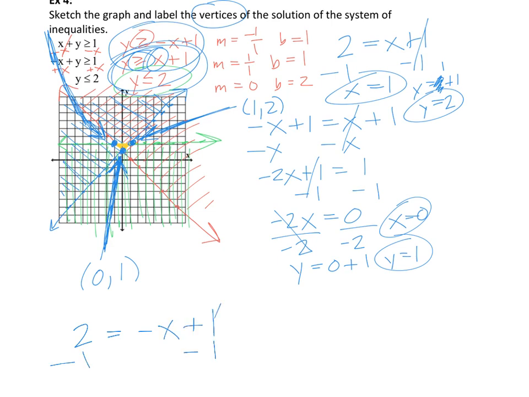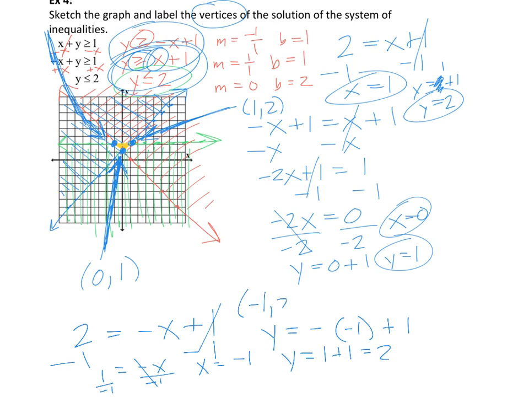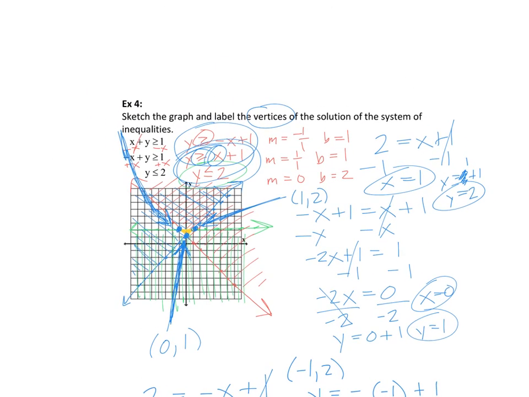I subtract 1, get 1 is equal to negative x, divide by negative 1, and x is equal to negative 1. Plug it back in the first equation, and I get negative of negative 1 plus 1. So y equals 1 plus 1, y equals 2. So I end up with (-1, 2). That's what I'm going to have here.